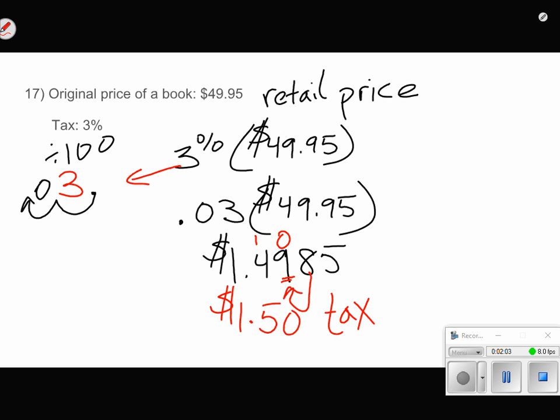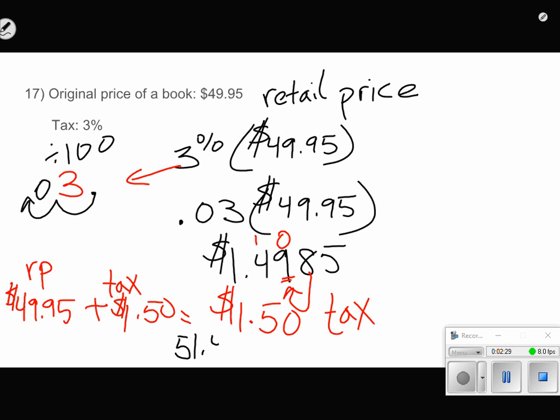So we take the $49.95, which is the retail price, and we add to that, because it's going to increase the price, the $1.50 tax, and that's going to give us a total of, let's see, $49.95 plus $1.50, we get $51.45.